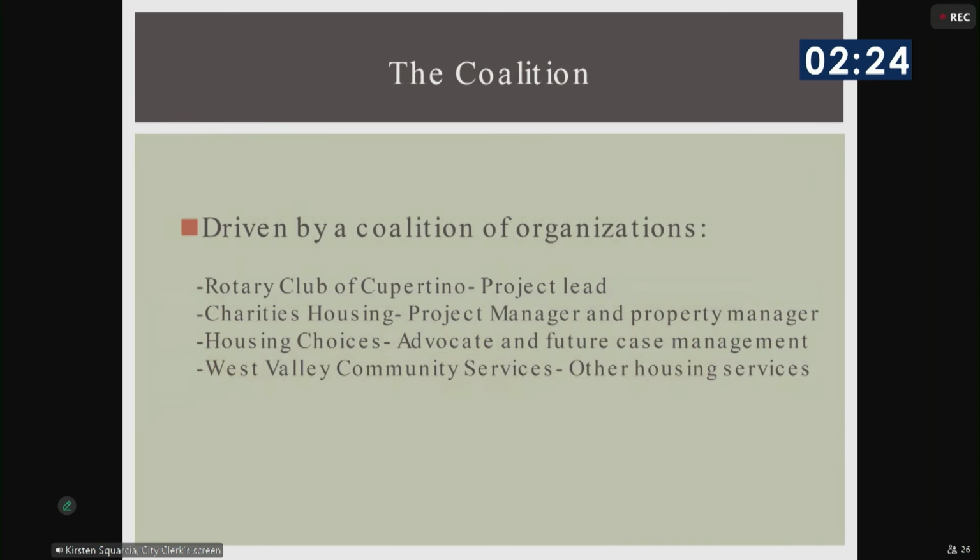And ironically, if you look at the current project, it's very similar to the one that was presented by Mayor Scharf back then. It's about the same number of units. It looks about the same. It was done with a coalition of the city, a nonprofit group, and a housing choices group that needs the housing.